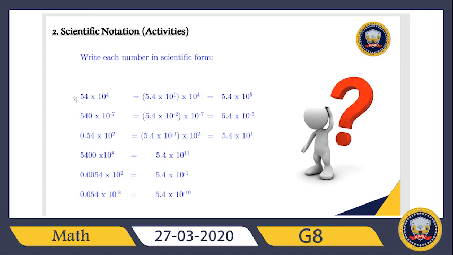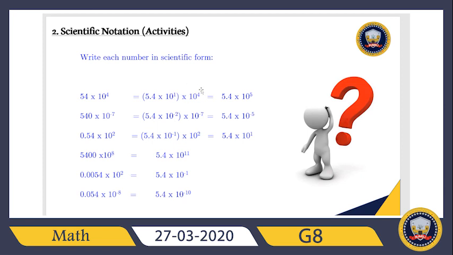Now, this number times 10 to the power of 4, of course. Now, look at these two numbers. I have the base 10, and I have powers here, 1 and 4. What did we say in the law of exponents? If we have the same base, 10 and 10, I will multiply their exponents.